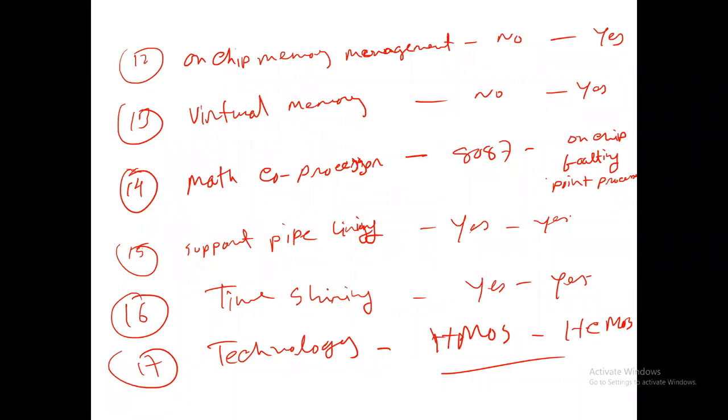Now your assignment: a comparison between the 8086 and 8088 microprocessors. We already discussed the 8086 and Pentium 1, but your assignment is the 8086 and 8088.